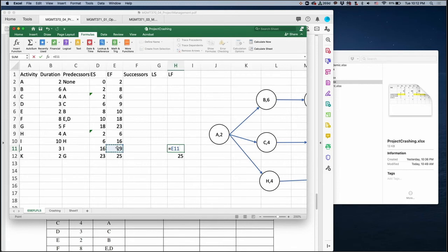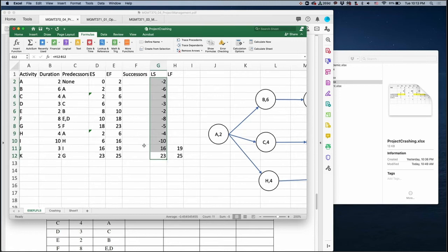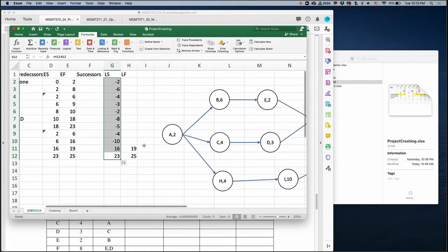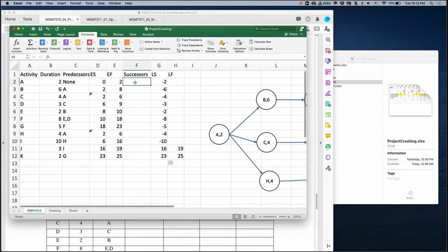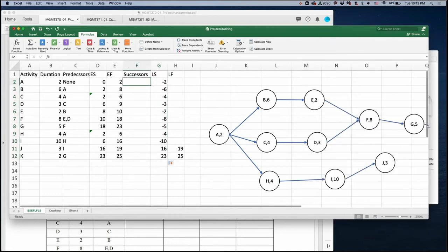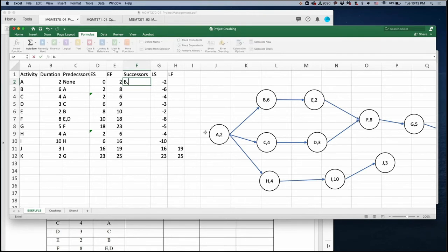For A, the successors are B, C, H. For B, successor E; for C, D; for D, F; for E, F; for F, G; for G, K; for H, I; for I, J; for J, none; for K, none. So for no successor, there is no successor, they have to finish at this point.